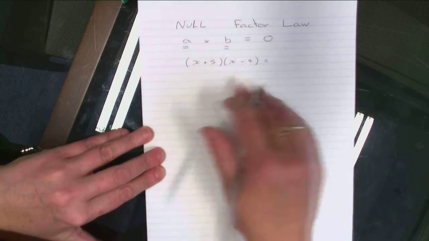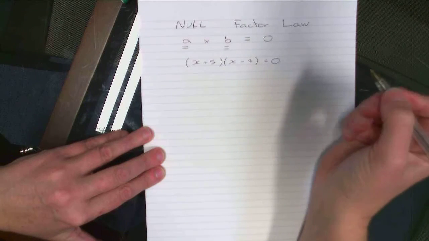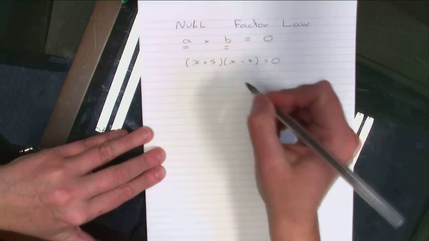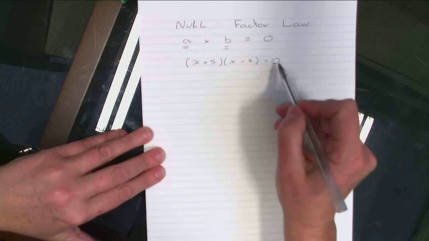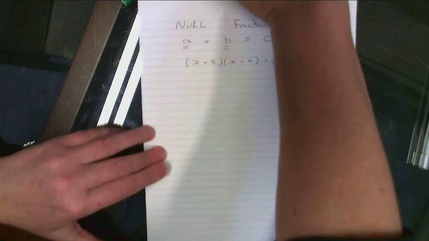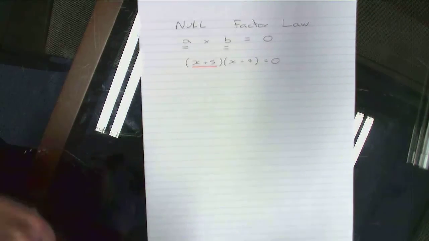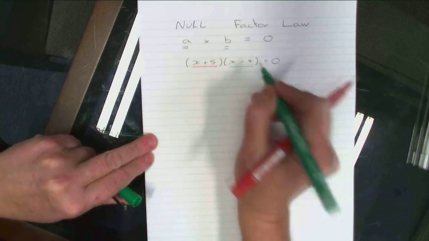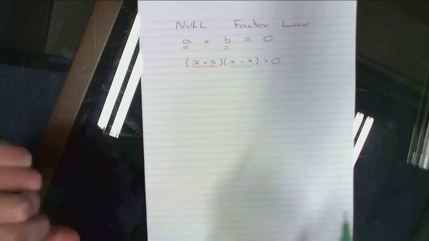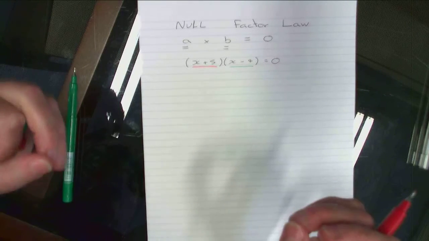If I say that this equals 0, I can tell what our values of x must be, because for this equation to be equal to 0, either this must equal 0 or this must equal 0. So x can actually have two values.